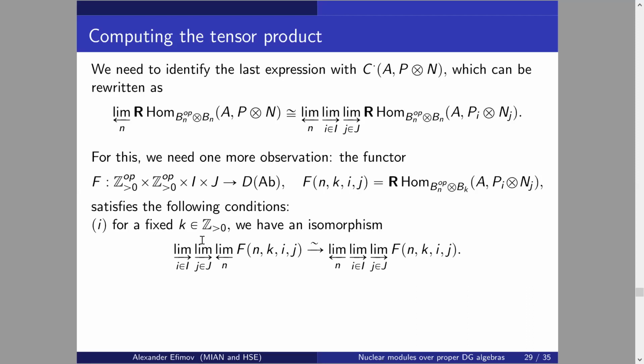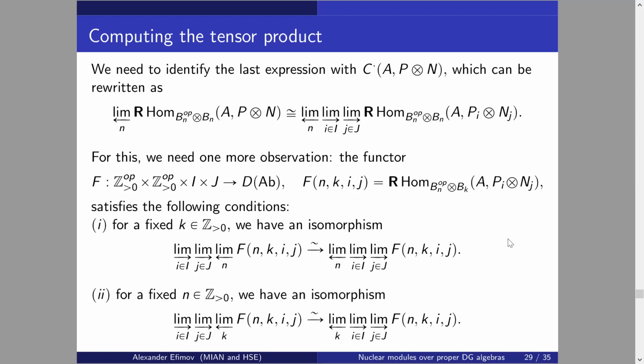If you fix k, then the limit commutes, so you can take first the limit over n of the directed colimit over I cross J, or first the colimit, the other way around. It basically follows directly from the definition here.